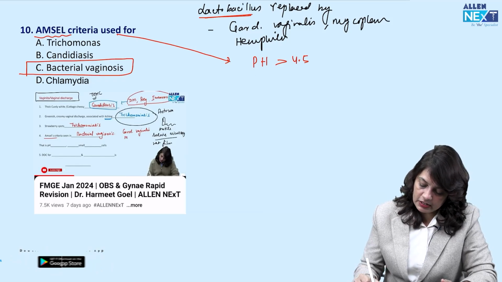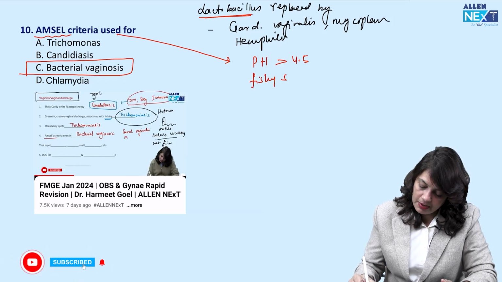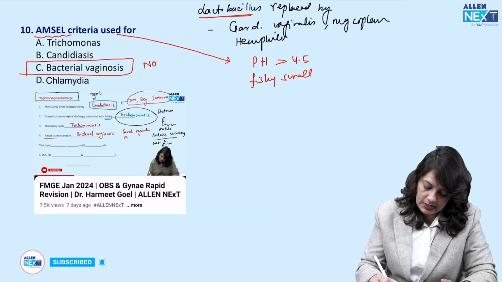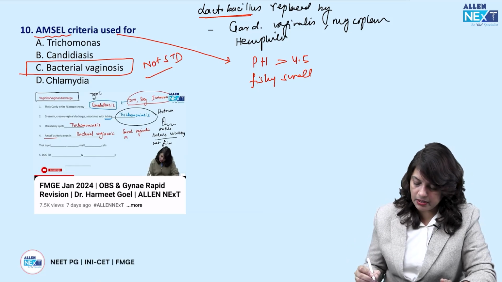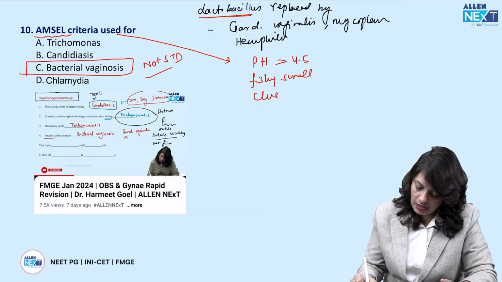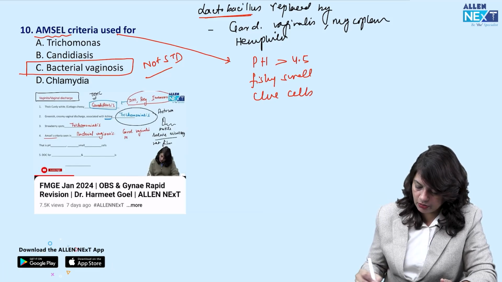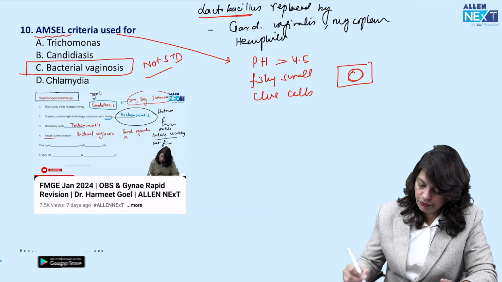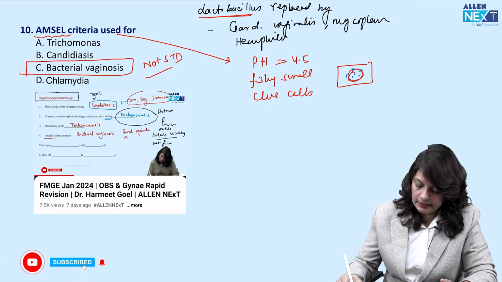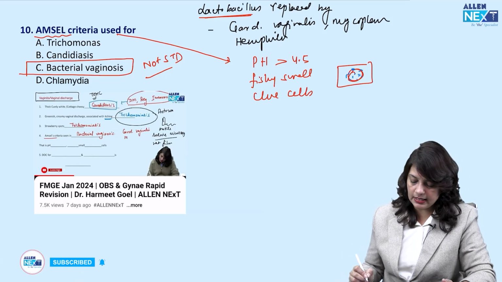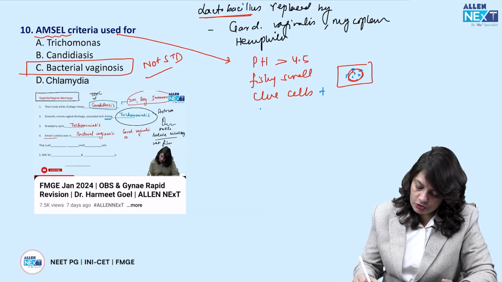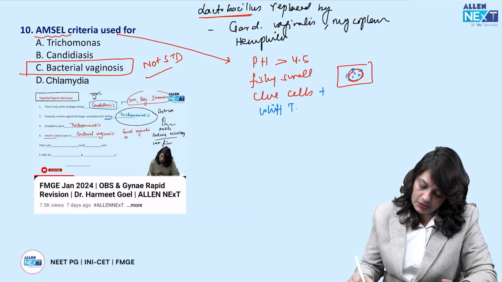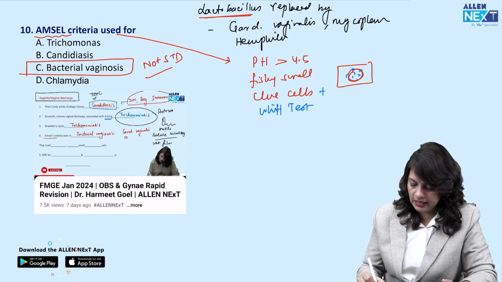So there is a fishy odor, smell. This bacterial vaginosis is not an STD, remember. There is a fishy smell. There are clue cells on the saline microscopy. Clue cells means the epithelial cells where the bacteria are laden. Okay, you can see under saline microscopy. So Whiff test is positive for bacterial vaginosis.